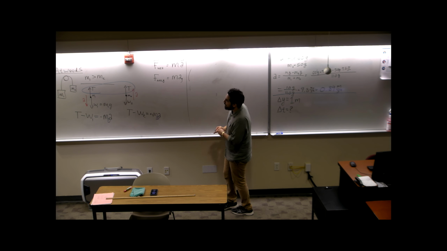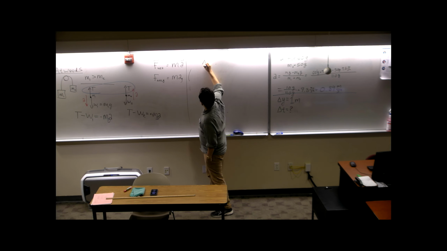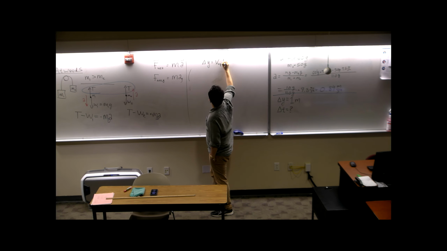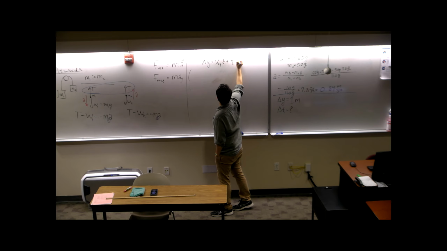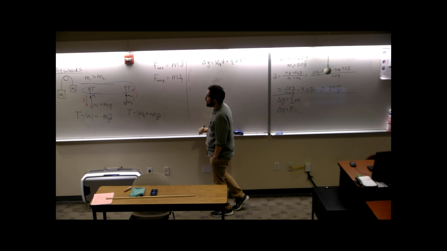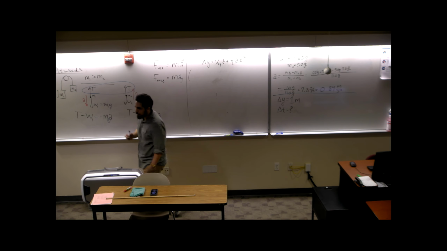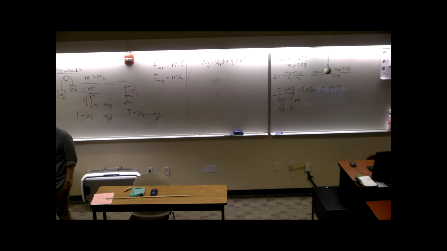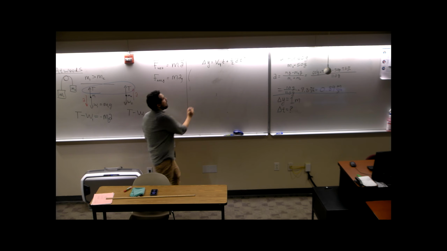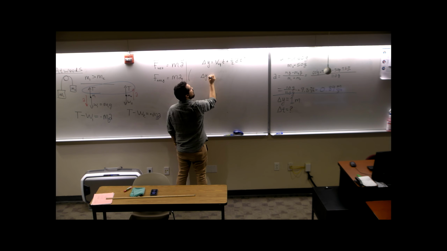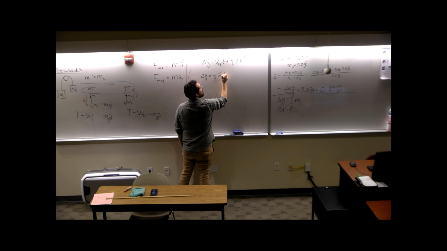Displacement delta y is equal to v naught y times t plus 1/2 acceleration times time squared. I released it from rest, meaning our initial velocity is 0. So delta y is equal to 1/2 our acceleration times time squared.